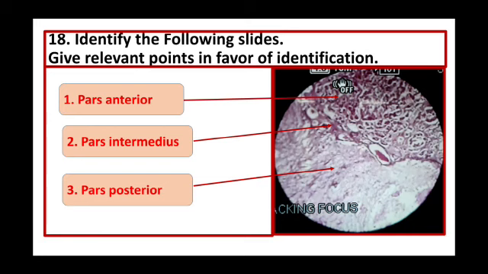So in pars anterior, glandular cells are seen. Pars intermedius contains colloid filled vesicles, and pars posterior, also called pars nervosa, contains unmyelinated nerve fibers.